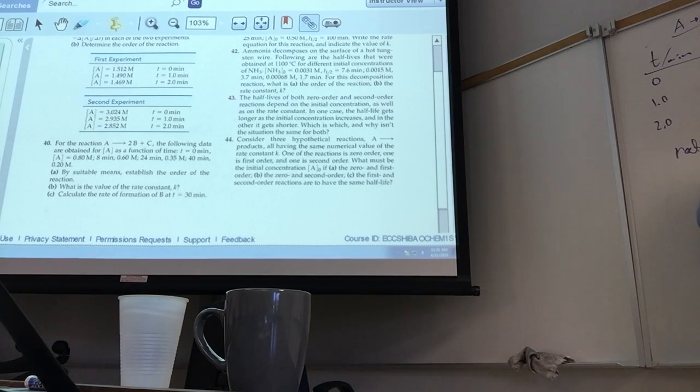Oh, there's a negative here, sorry. 1.469 minus 1.490 divided by the time interval, delta t, which is 1.0. Again, the same units, molar minutes to the minus 1. And so that comes out to 0.021.